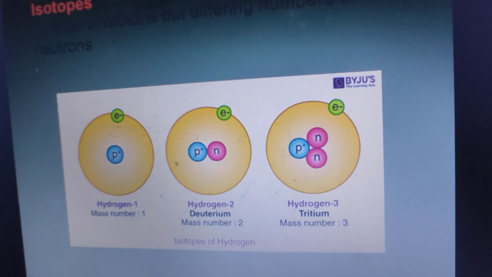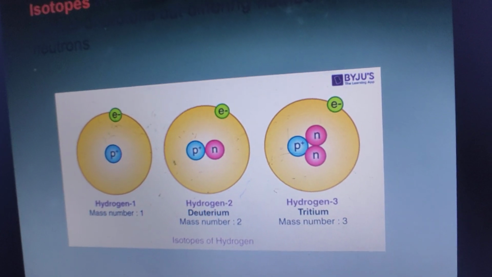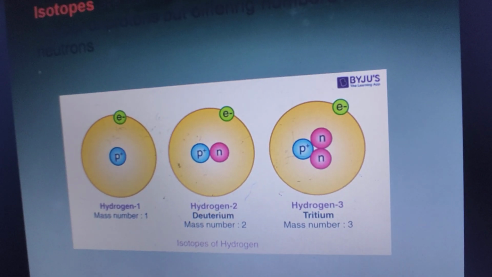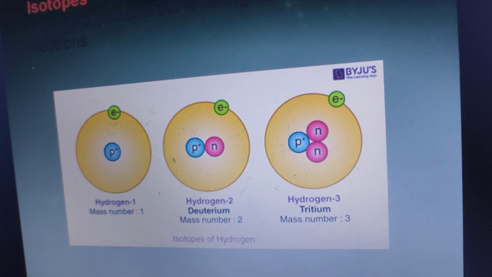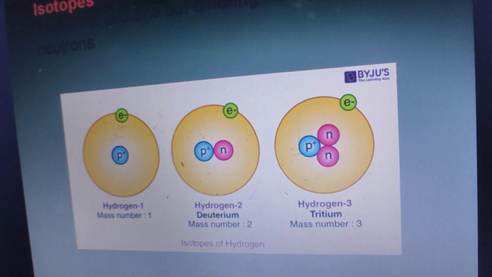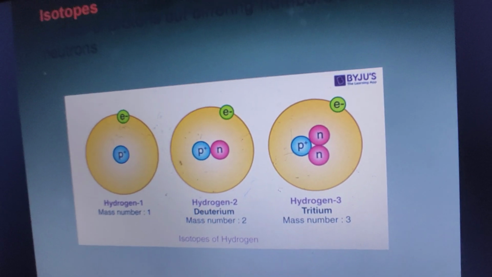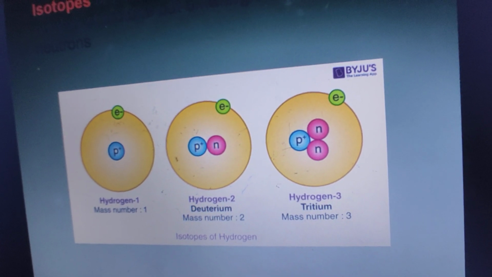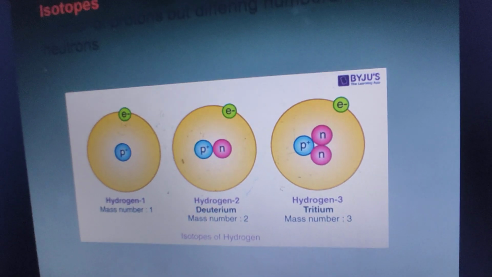So then only you can get the difference in number of neutrons. Here you can explain this in 2 ways. One is based on proton and neutron number, second one is based on atomic number and the mass number. So here atomic number is same, mass number is different, then it is isotope.